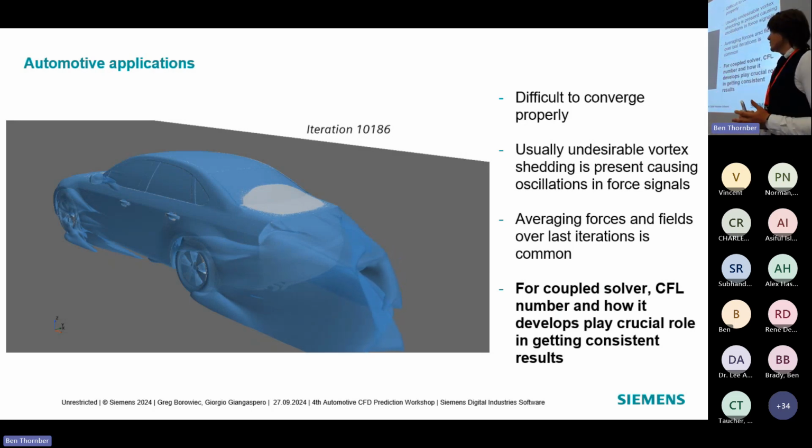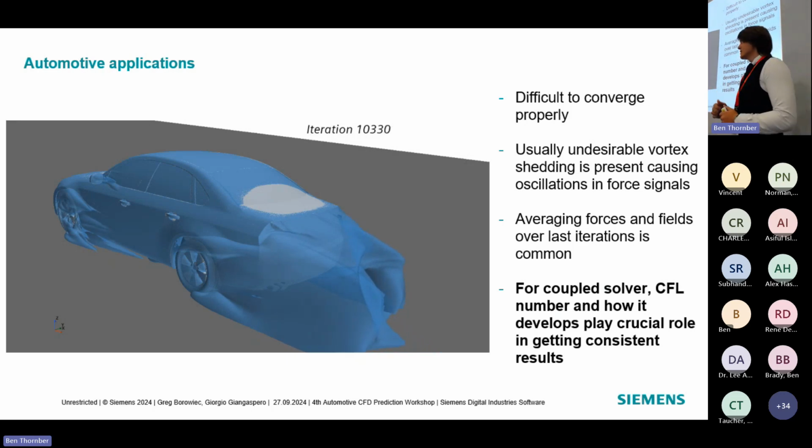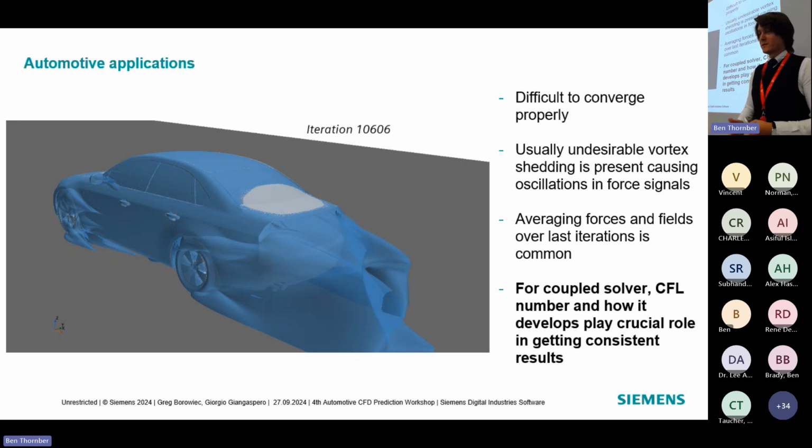What we usually see is not proper convergence of the steady state. We usually see undesirable wake, vortex shedding, and oscillatory convergence of forces. How it's usually dealt with is we just average fields and forces.